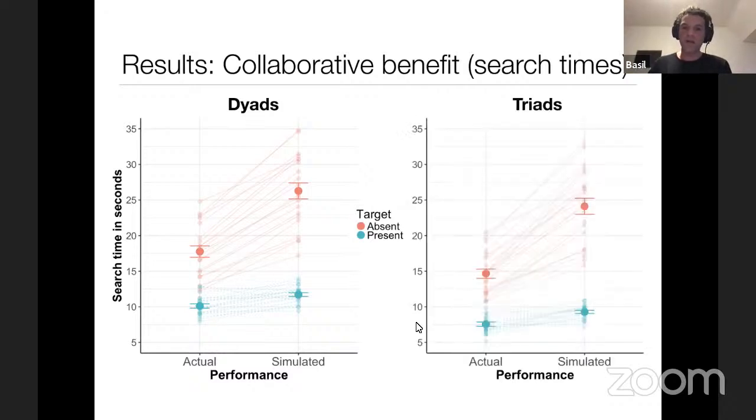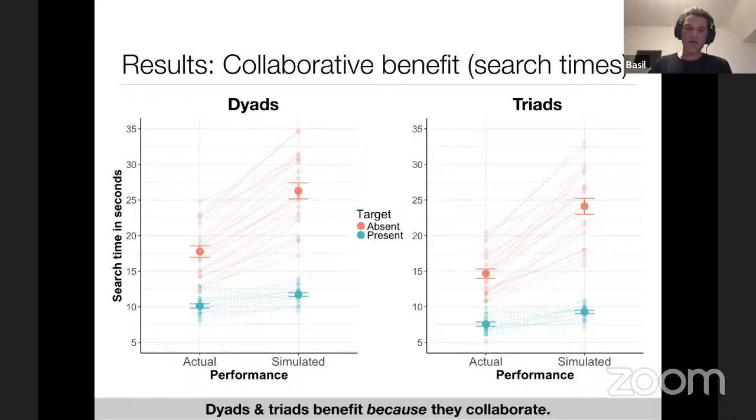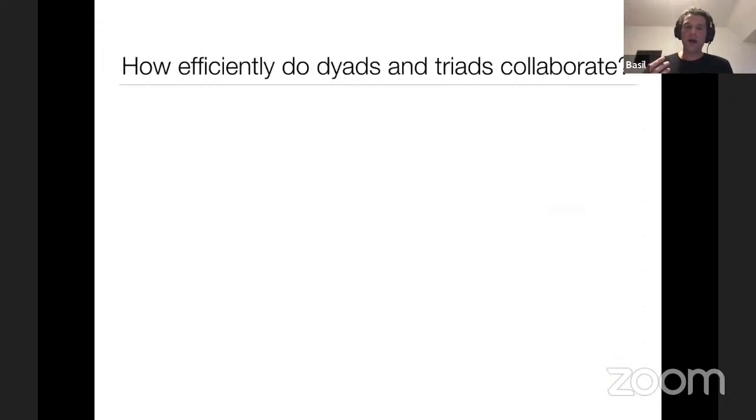Also for the triads, we find the same results, so they also attain a collaborative benefit. What we know from this now is that dyads and triads benefit because they collaborate. So it's not just a collective benefit without any collaboration. They actually divided labor in this particular task. We also looked at the questionnaires and found that participants described that they used these labor division strategies. We next asked, how efficiently do dyads and triads collaborate?